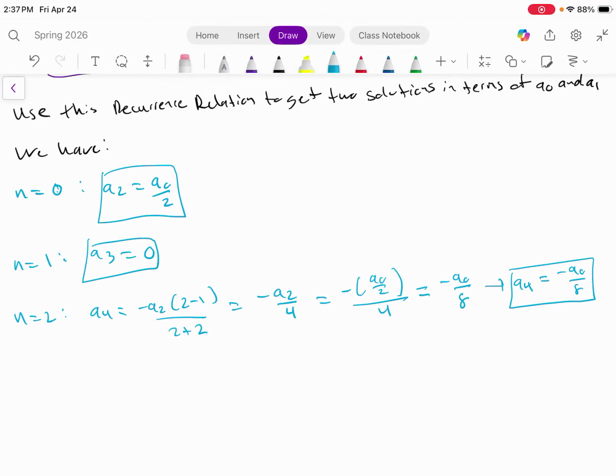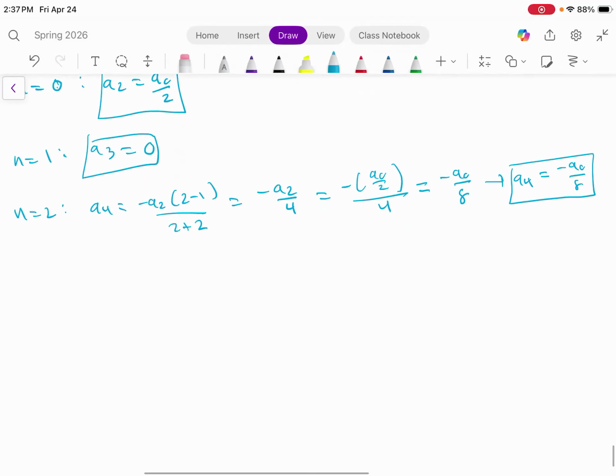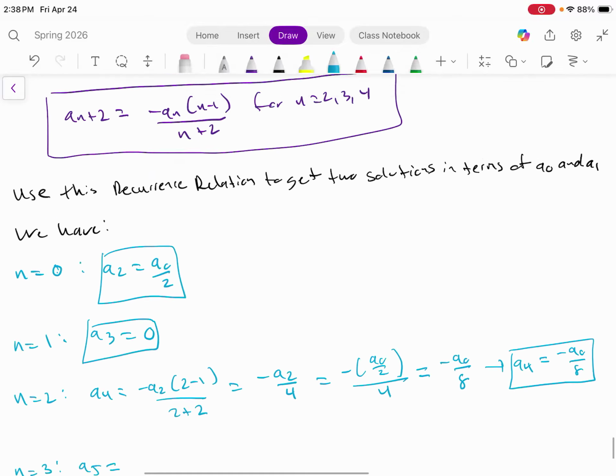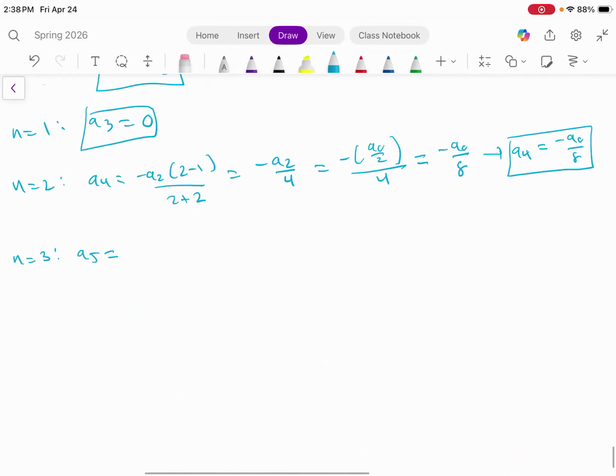Okay, so let's do a couple more, right? We have two a naught terms. I would want a couple more to see if an a1 is going to come up. So let's try n equals 3. If I plug in n equals 3 into my recurrence relationship, what I would get is a5 equals negative a3 times 3 minus 1 all over 3 plus 2.